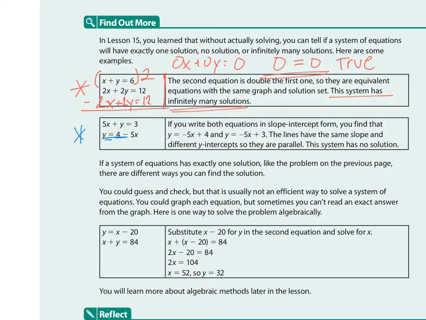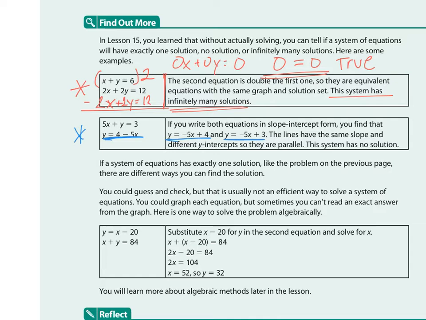The first one isn't. If we wrote the first one in slope-intercept form, it would look like this: y equals negative 5x plus 3. Now we can compare that with the other one, y equals negative 5x plus 4.